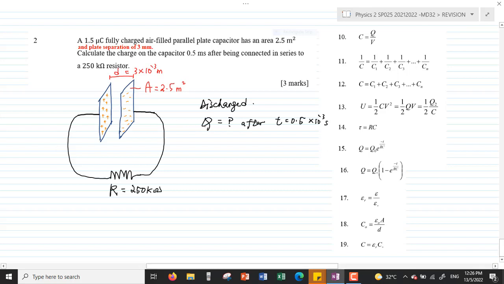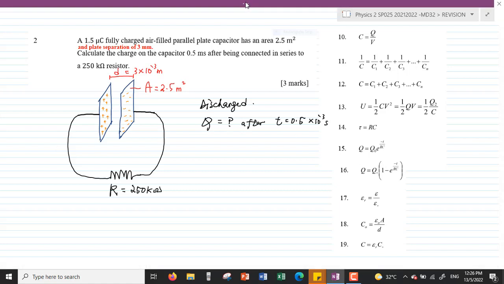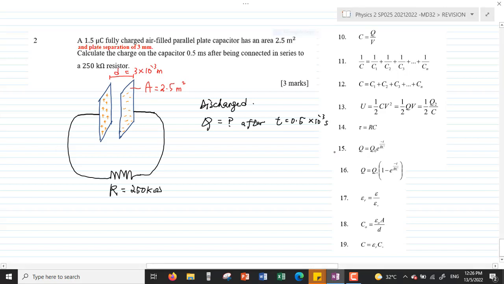So in order to find the final charge after time t, 0.5 milliseconds, I identified the equation. I'm going to use equation 15. So I'm going to have Q equal to Q naught, the initial charge in the capacitor, multiplied with e to the power of negative t over RC.